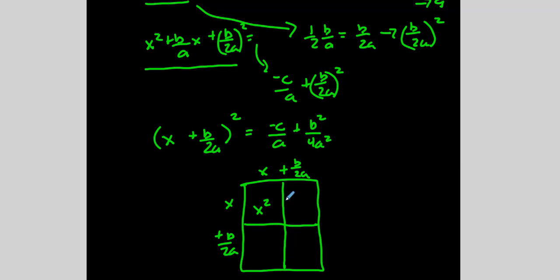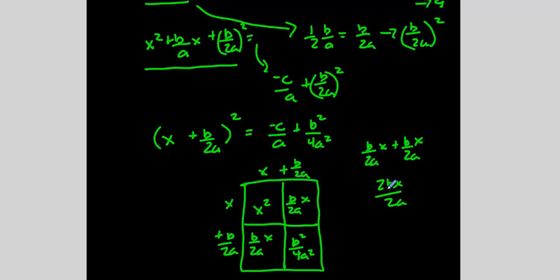So that's x squared, that's b over 2a x, that's b over 2a times x, and that's going to be b squared over 4a squared. Okay, well, b over 2a times x, that's going to be 2bx, because I have 2bx's here, over 2a.